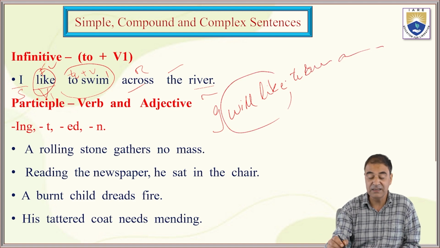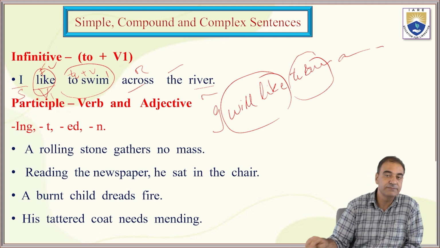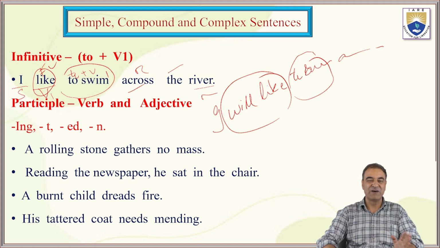Now see, will like, this is future tense. When I changed the tense of the sentence, this non-finite verb, this infinitive, remained unchanged. Now if you make it past tense, again, it will remain unchanged. This to swim, because this is a non-finite verb. It's an infinitive.